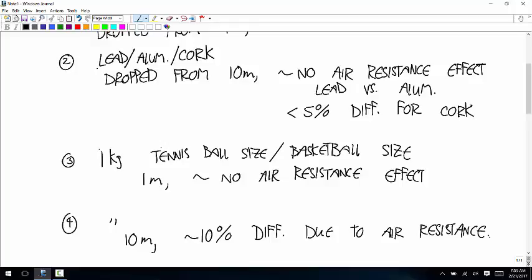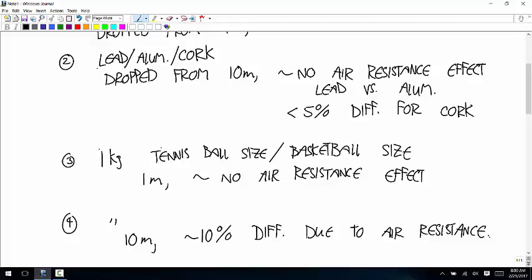So if you had to sum up all the results in one sentence, the most basic result from the lab was: dropping things from 1 meter, 10 meters, air resistance didn't have that much of an effect. It probably had less of an effect than you would have guessed going into it. Other than that, there are some little differences you could notice.